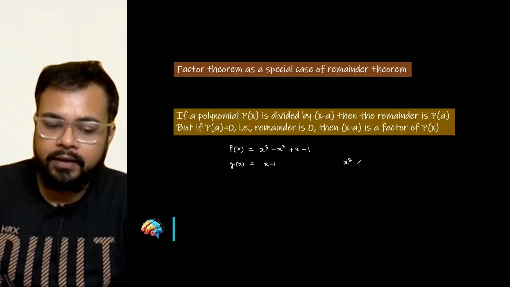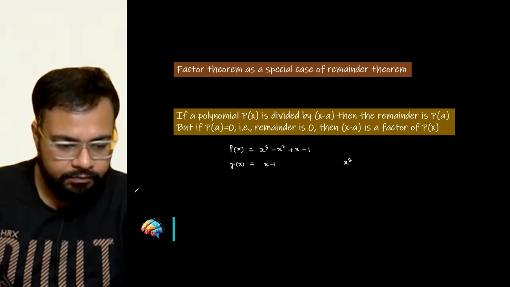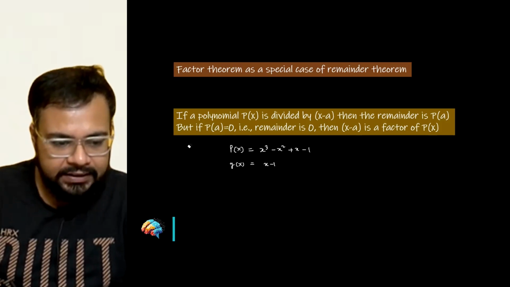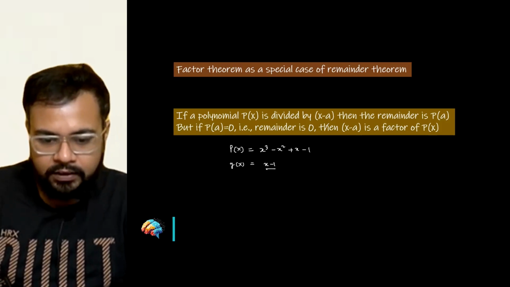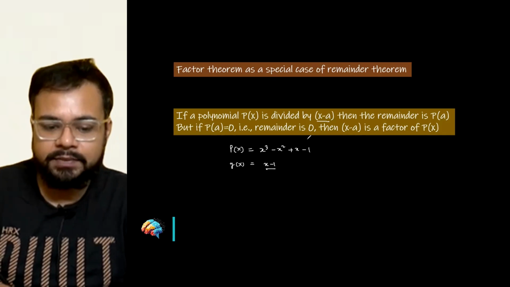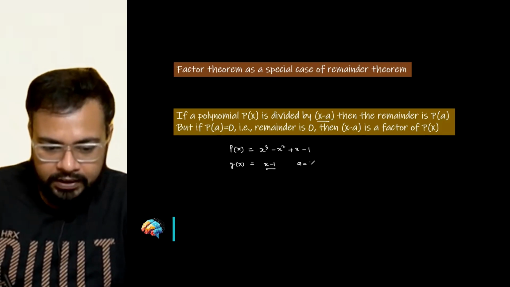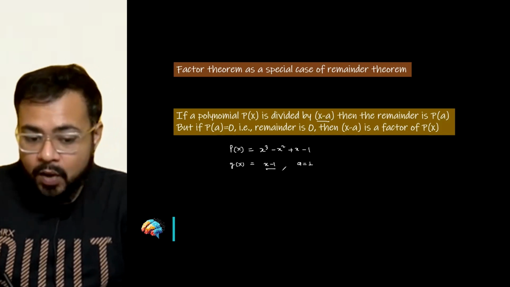Let's simply use the factor theorem. It says, can you compare the g(x) with this term here, x minus a, and can you tell me what your a is here? Your a is 1.